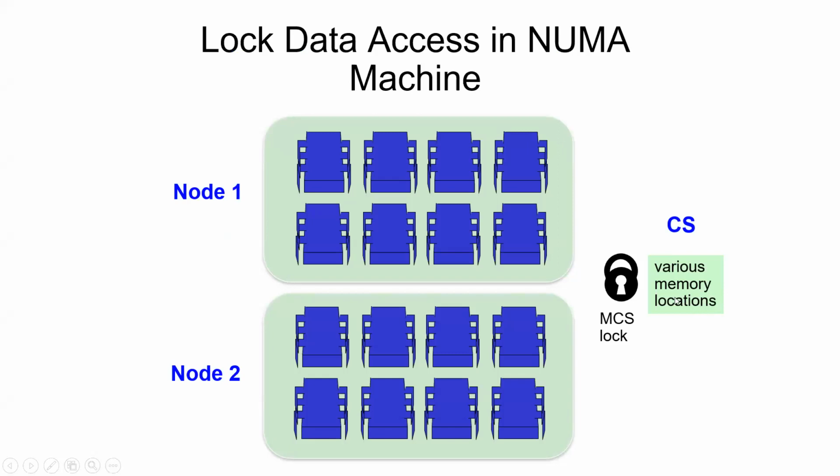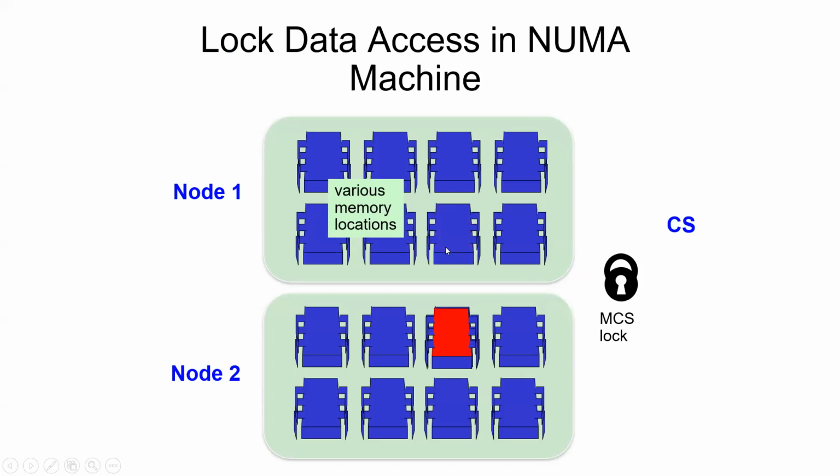Now let us assume we are using the MCS lock in order to enter the critical section, right? As threads from different nodes access the data structure in the critical section, these locations bounce around the machine. For example, first this particular thread wants to enter the critical section, so it will access the critical section and perform the operation.